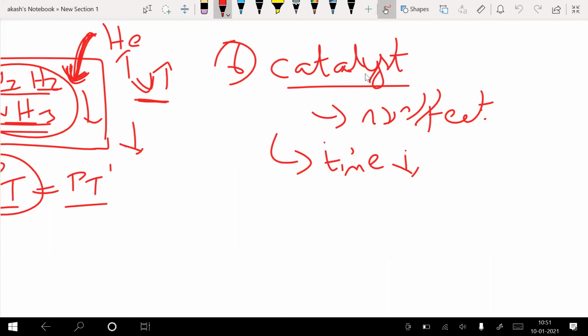When you reverse, when you add or subtract 2 reactions, when you multiply throughout a reaction by a factor, what will happen to the equilibrium constant? Nobody remembers.